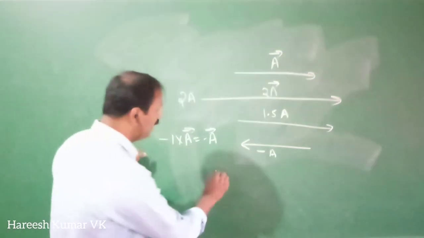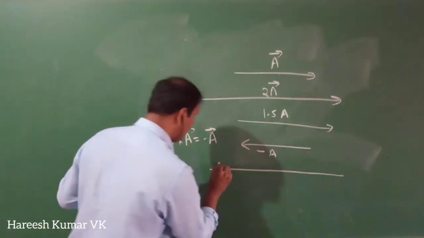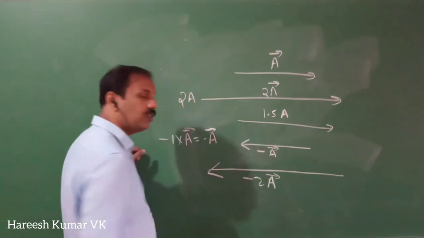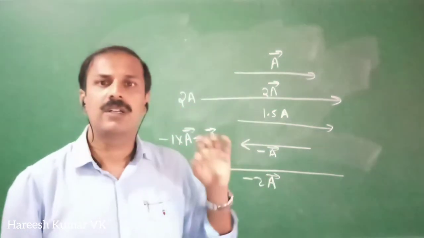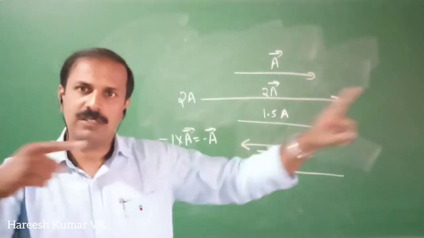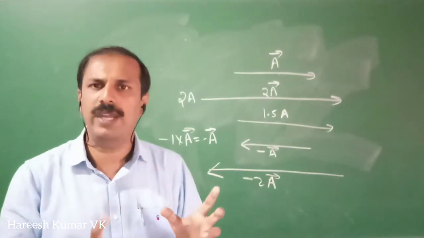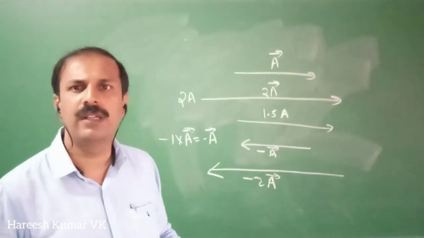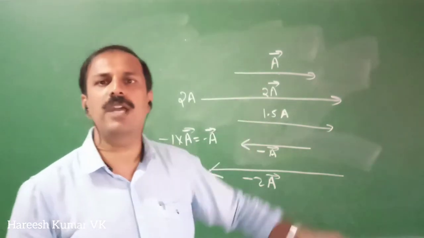If we are multiplying with minus 2, it will be like this. This is minus 2A. So when you are multiplying with a number, you should remember that the straight line will stay the same way, but the length will increase or decrease according to what number you are multiplying. With what number you are multiplying, that many times it will increase.